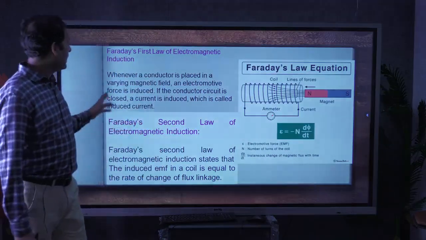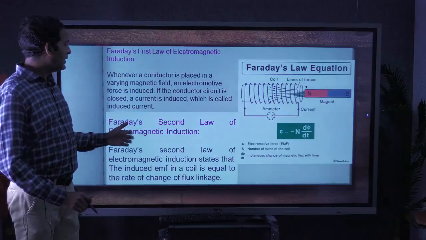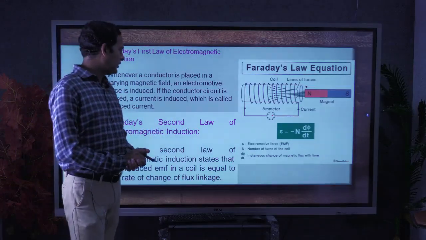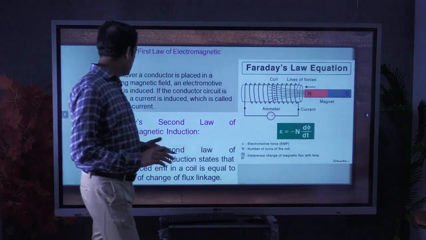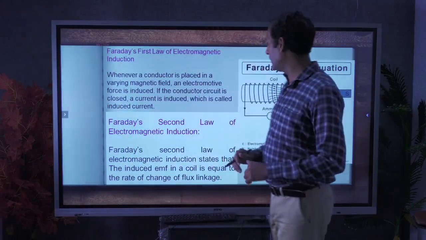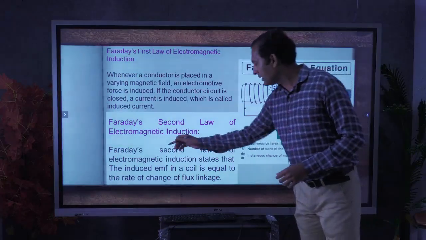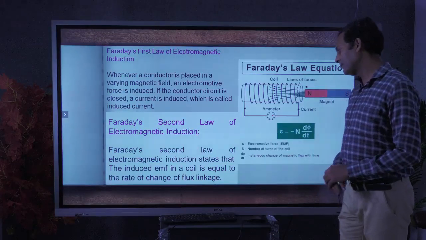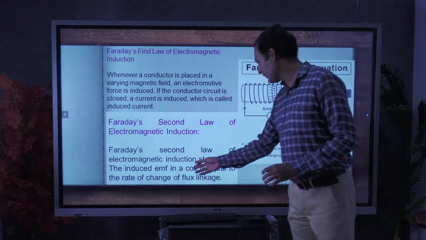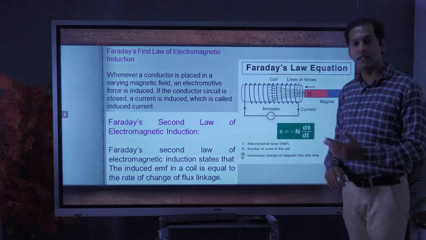The first law states that whenever a conductor is placed in a varying magnetic field, an electromotive force is induced. If the conductor circuit is closed, a current is induced, which is called the electric current. Here you can see in the diagram. On the same line, the second law states that the EMF induced in a coil is equal to the rate of change of flux linkage.